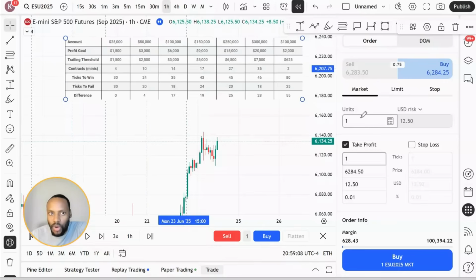Now, one thing I want to point out: if you're trading ES, the ES mini, one contract, and you take one tick, meaning it just moves 0.25 points, it's $12.50 per contract. Using that value to calculate, if you had 4 contracts and you hit 1,500, for you to win you need 30 ticks. So that's essentially the calculation.